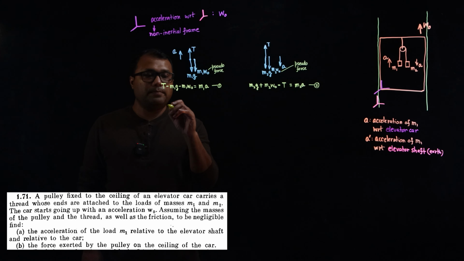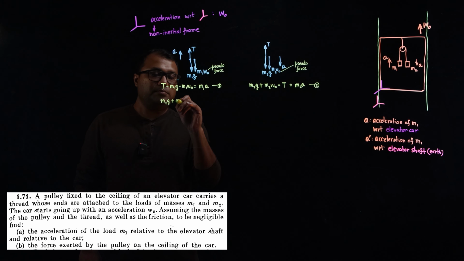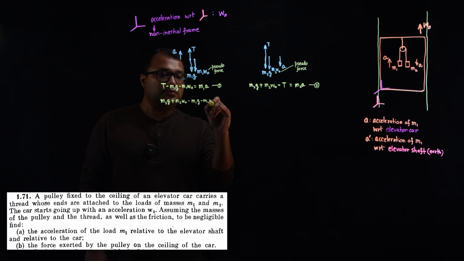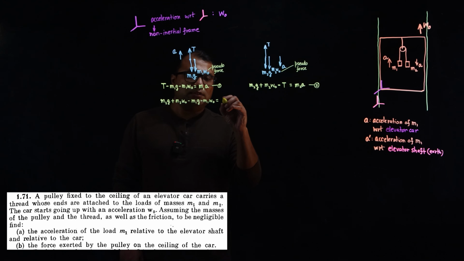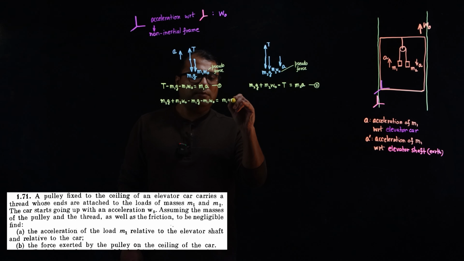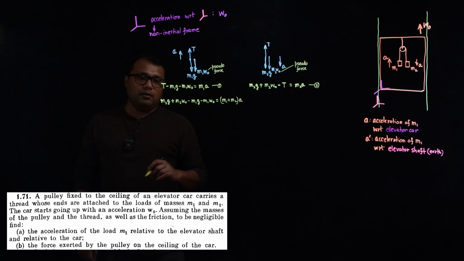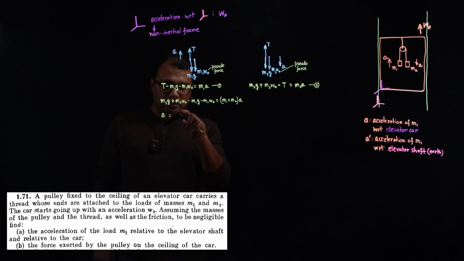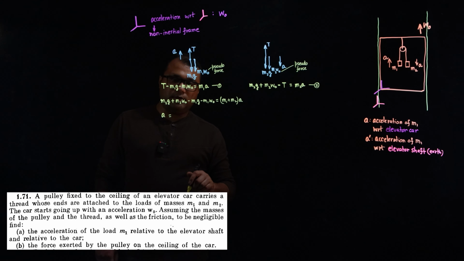So we will get m2g plus m2w0 minus m1g minus m1w0 equals (m1 plus m2)a. Or we can write A equals, see here, if I take g common, (m2 minus m1), w0 common, (m2 minus m1).